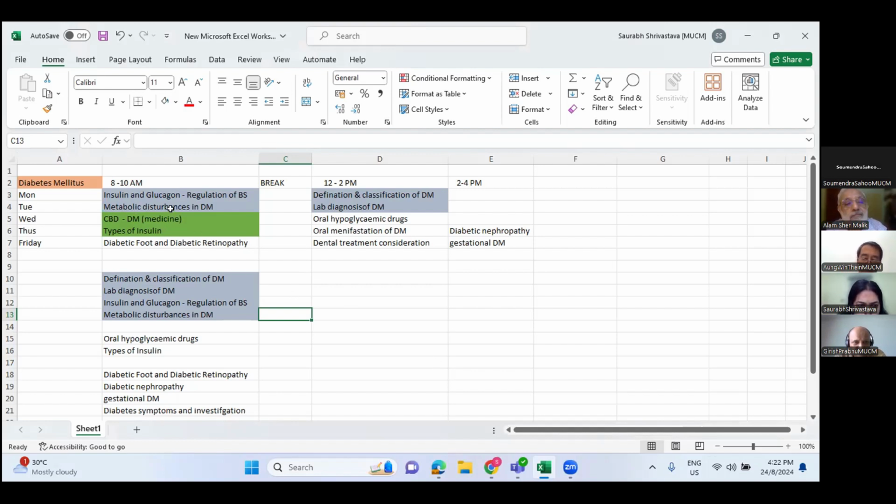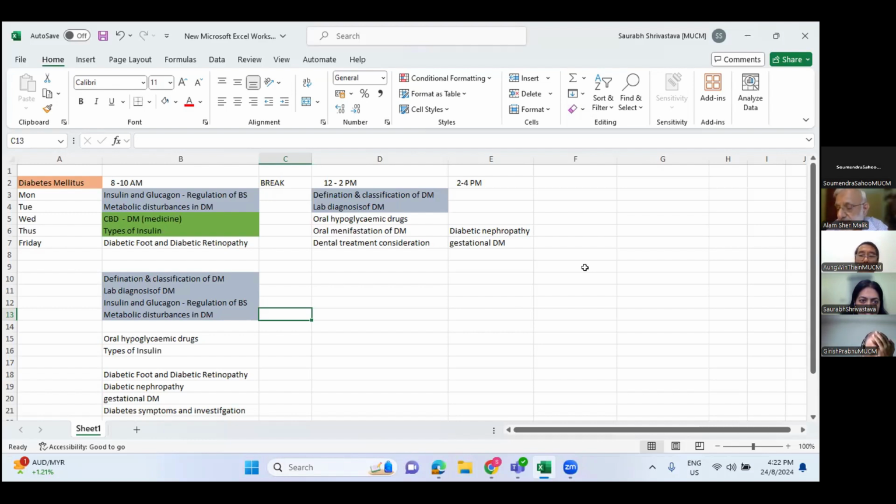Yeah, that was metabolic disturbances in DM. Yeah, it's there. So basically, yes, the concept is that the week theme is diabetes, and under that we have identified the topics: physiology and biochemistry and the clinical areas.